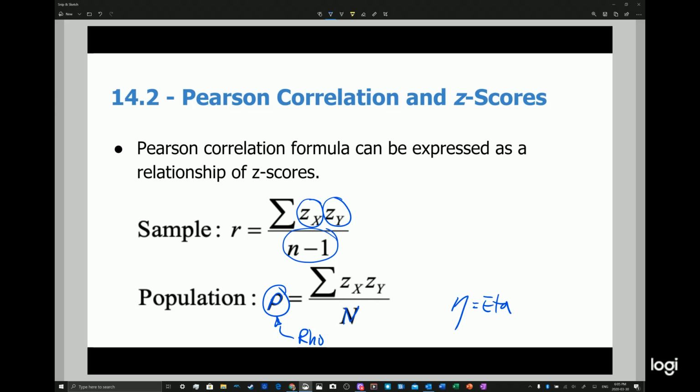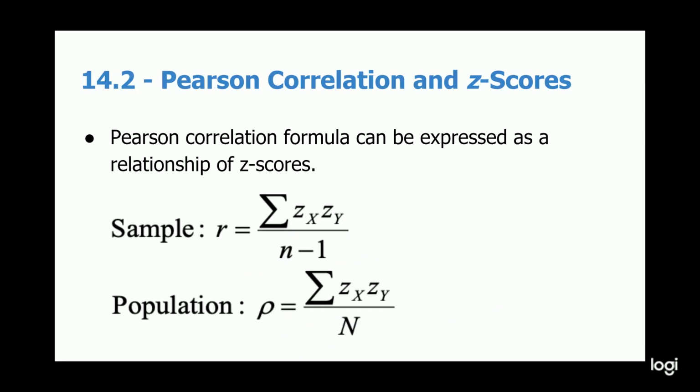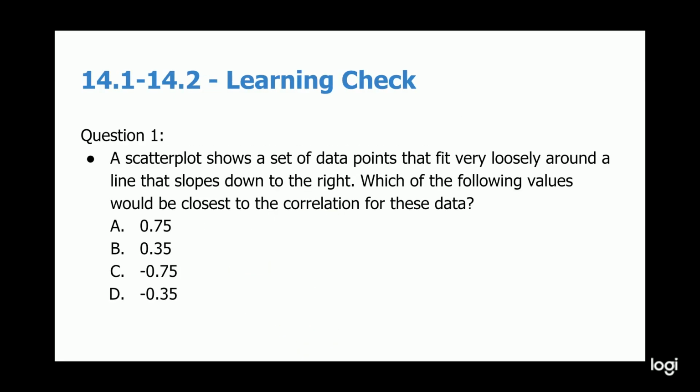And this is what we're going to use to test whether there is a correlation in the sample by doing a z-test or t-test. So again, your Pearson correlation formula can be expressed in z-scores or even t-scores.